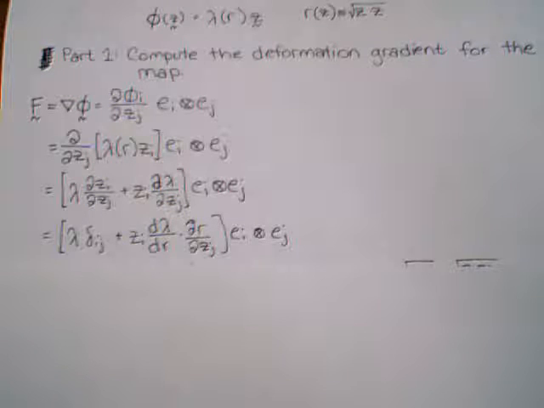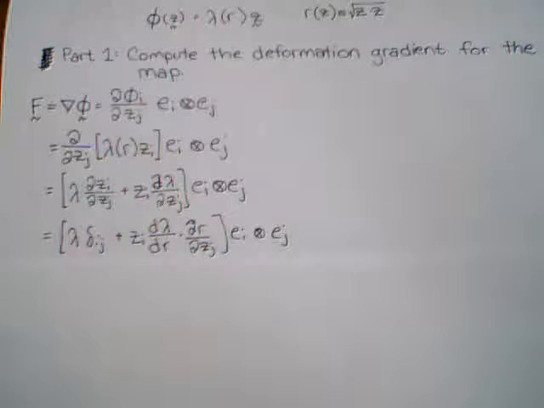For the first part, we can rewrite the partial derivative of zi with respect to zj as delta ij, because if those two indices are different, then the derivative will be 0. For example, derivative of z1 with respect to z2 would be 0, but if they're equal, then it would be equal to 1.